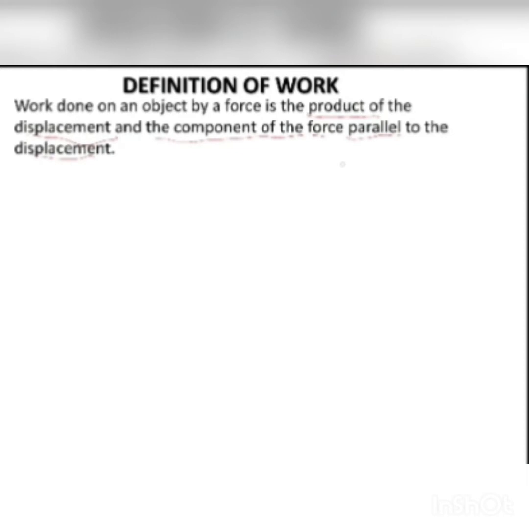So what does that mean? It means for work to be done on an object or a system, the net force that is acting on an object must be parallel to the change in displacement of that particular object.